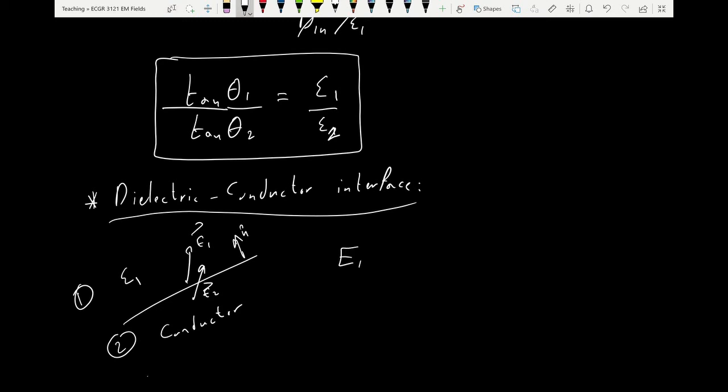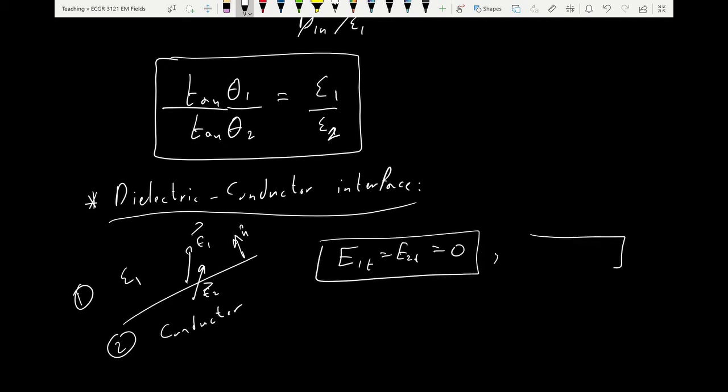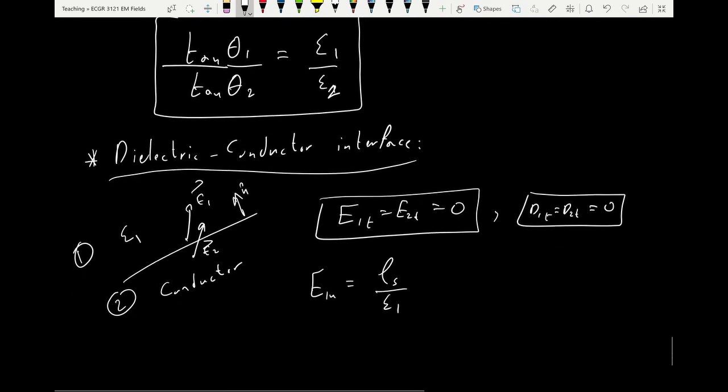We said that E1t equals E2t equals 0. The tangential component is always going to be 0. That means D1t equals D2t equals 0. And E1n equals rho s over epsilon 1, the normal component.